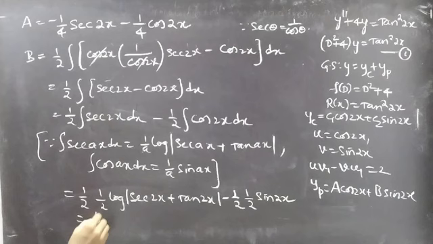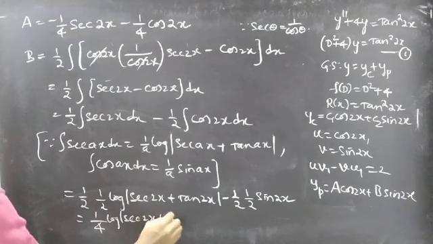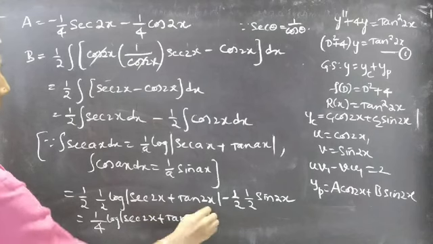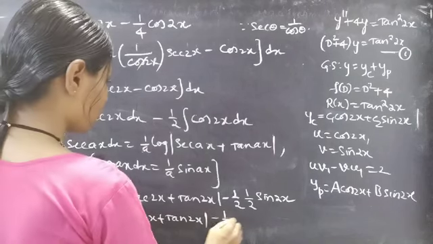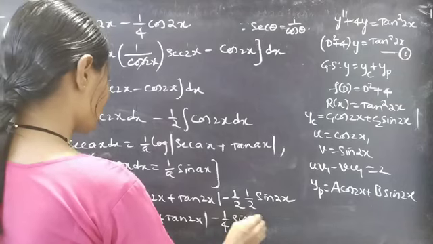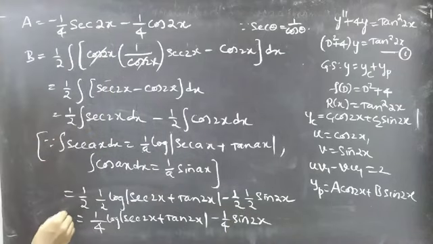This is equal to 1 by 4 log mod secant 2x plus tan 2x minus 1 by 4 sin 2x, which is our required b.